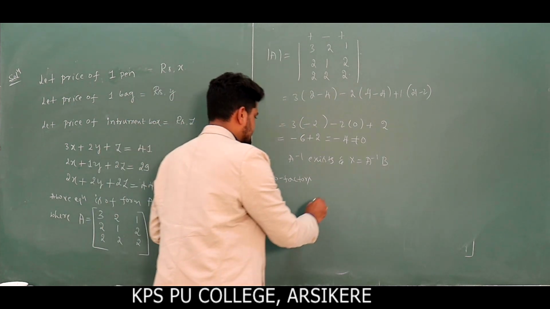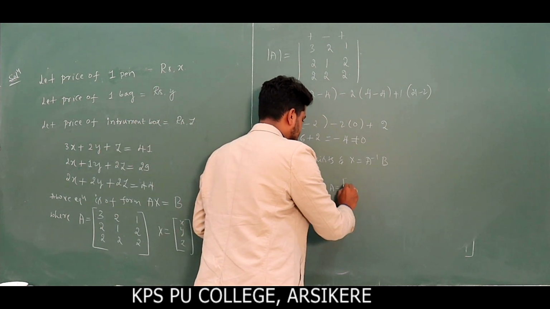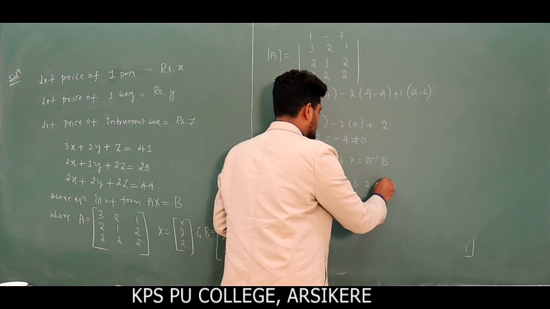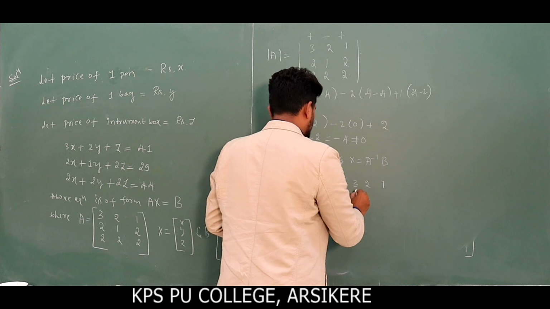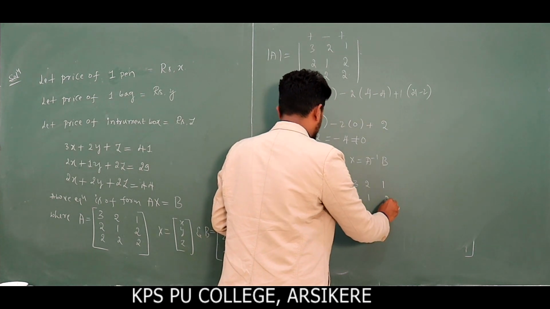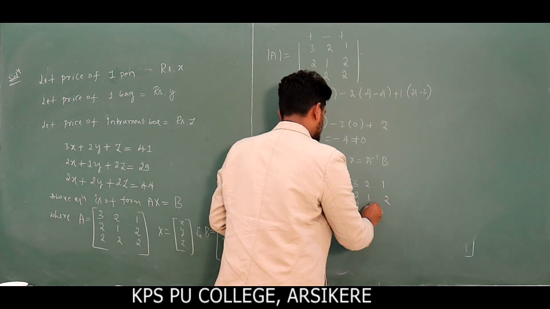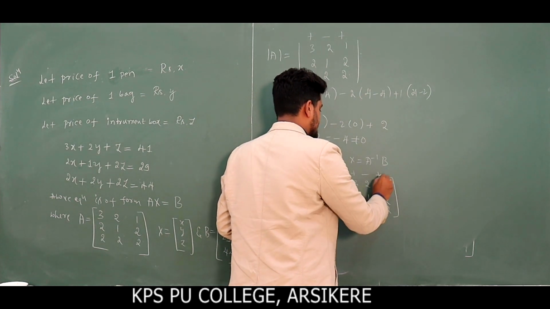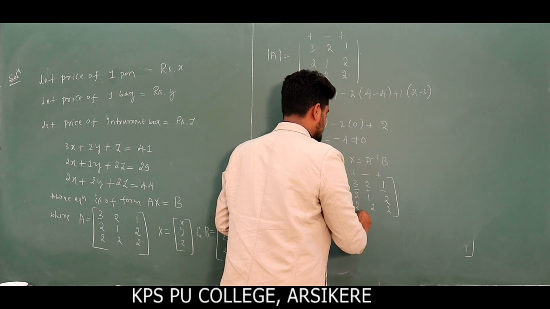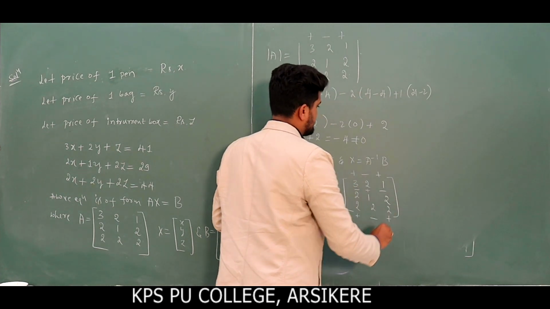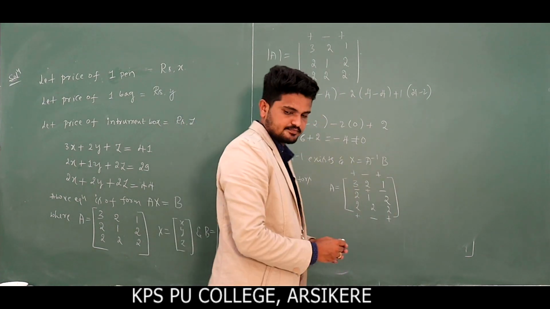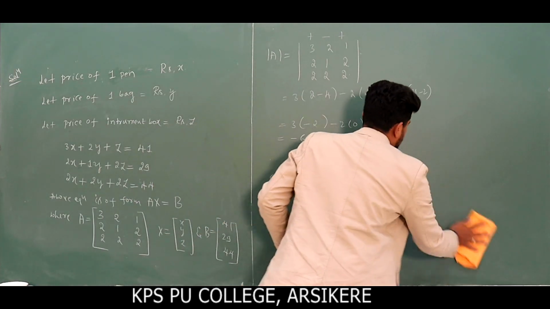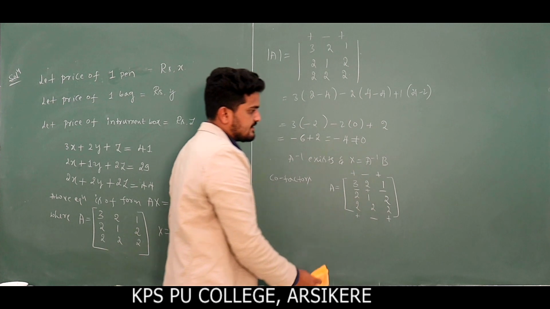For that, matrix A: 3 2 1, 2 1 2, 2 2 2. Signs plus minus plus, minus plus minus, plus minus plus. Next we have to find the cofactors.